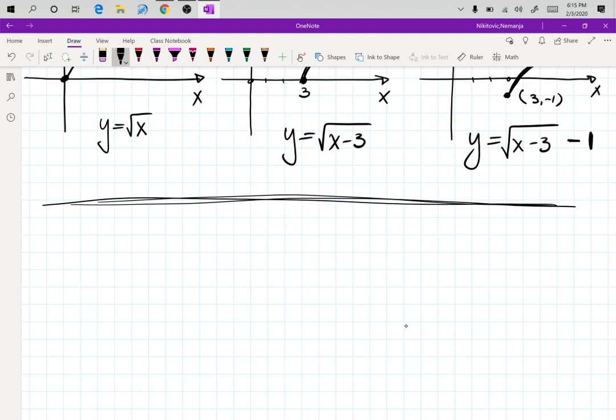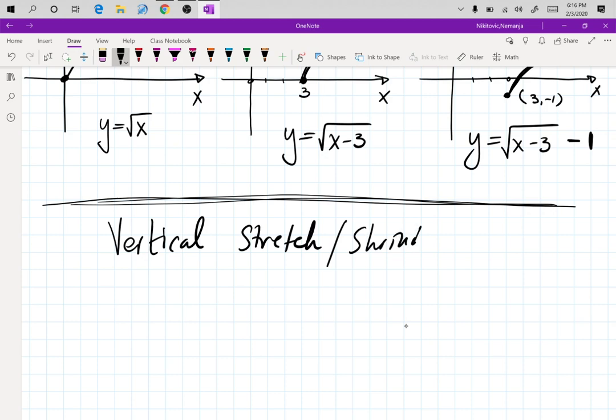So let's go with vertical stretch slash shrink. Now that happens when you multiply a function by a number.